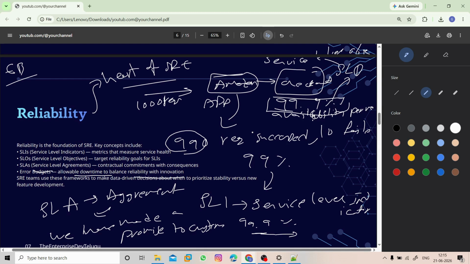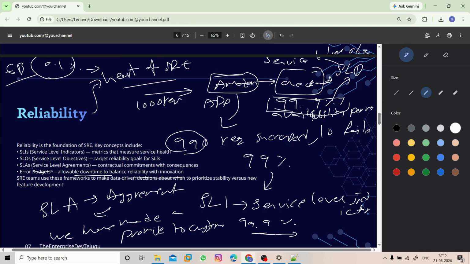The remaining 0.1% we can tolerate as failures. That acceptable amount of failure, we have to accept this 0.1% downtime. That is the error budget.